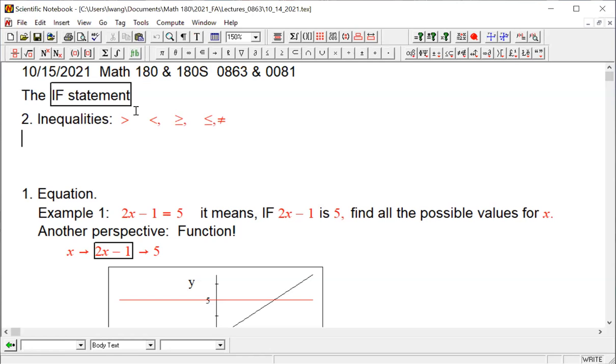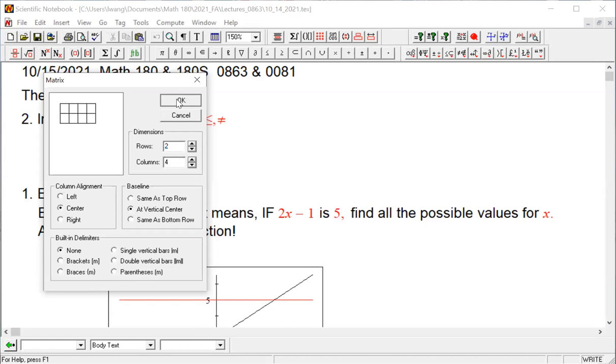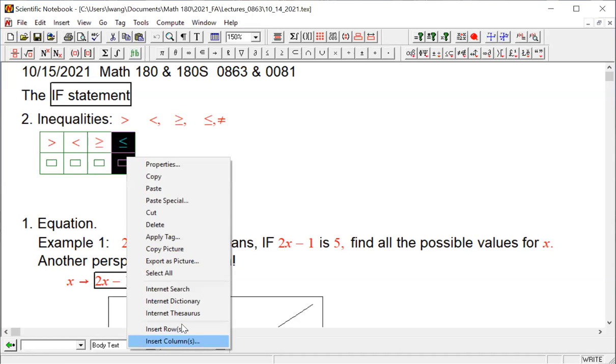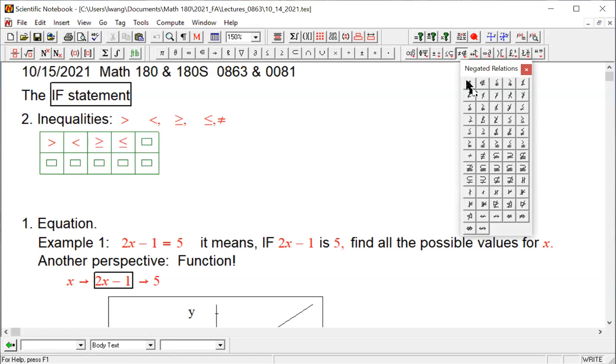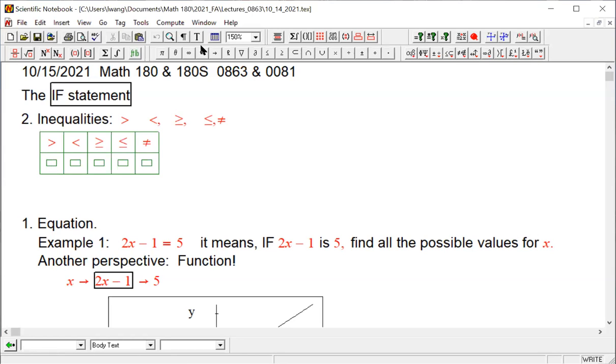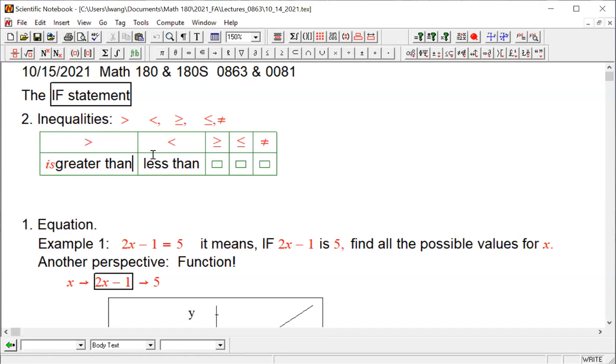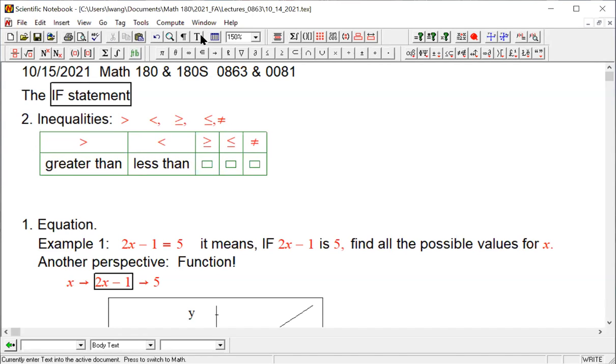Okay, so let me just give you a summary, just in case people have questions. Greater than, less than, greater than or equal to, less than or equal to, and one last one, not equal to. Greater than, and this means less than. You can say is greater than, is less than. Greater than or equal to.